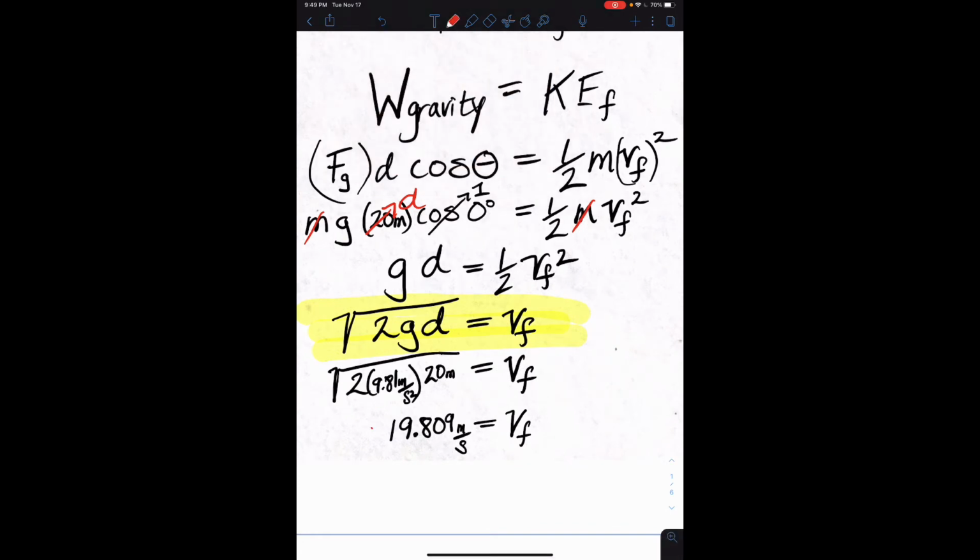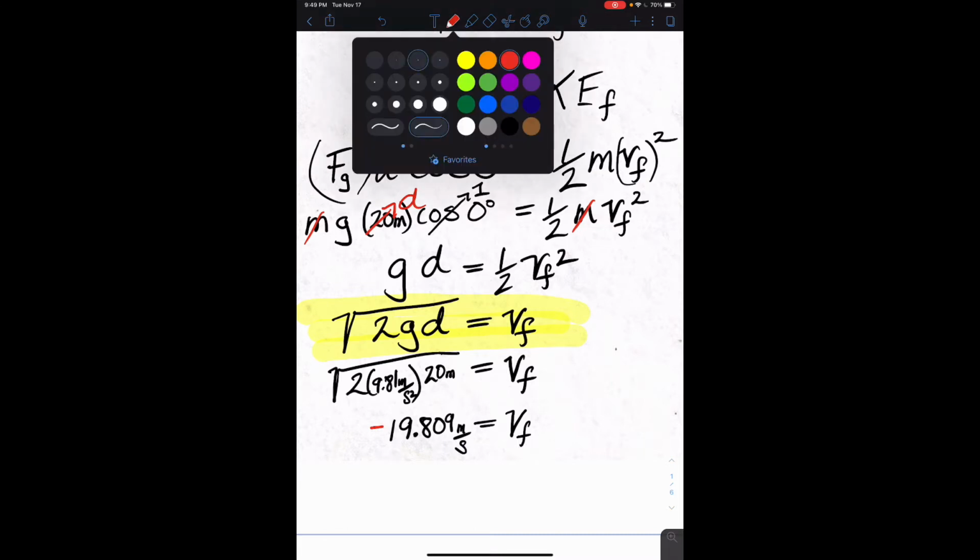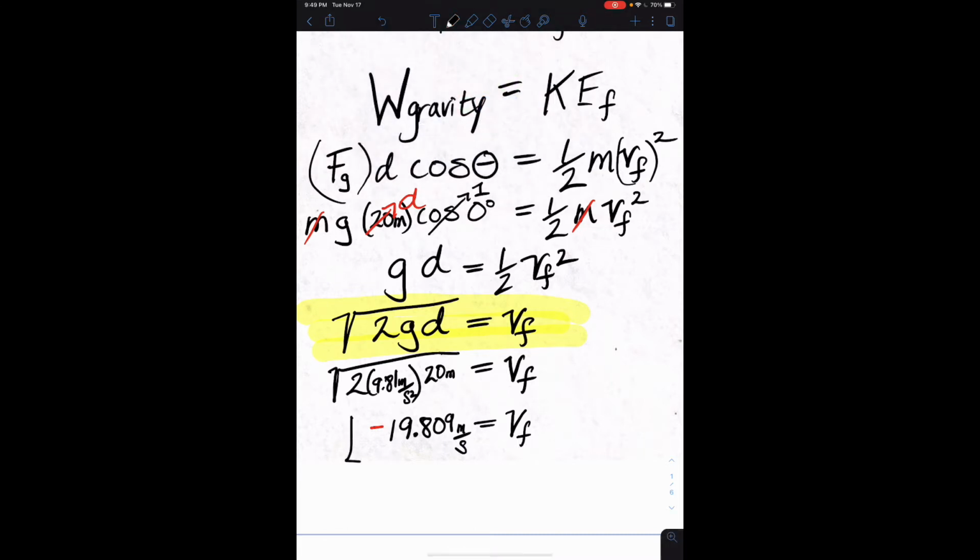So my point is, when you square root something, you have to pick from the positive or negative value, right? Because negative 19.809 squared is, or when we do a square root, we get a positive or negative answer.